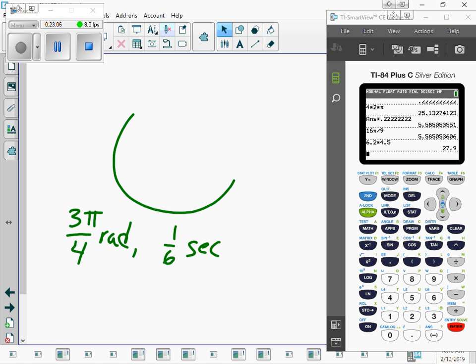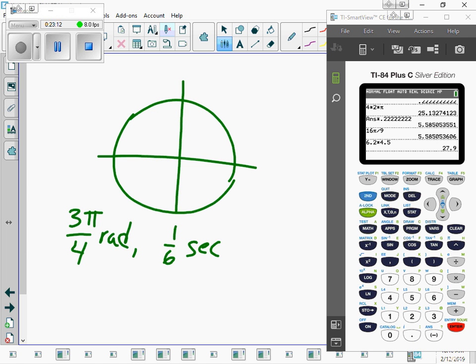Where is 3 pi over 4? It's almost 1, so that puts it in quadrant 2. So this much of a rotation occurs in 1/6 of a second. So rate times time equals distance.